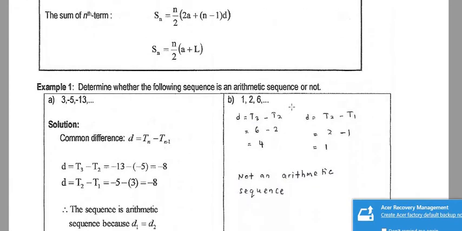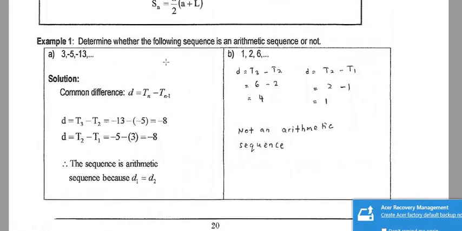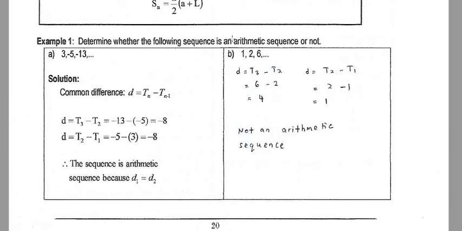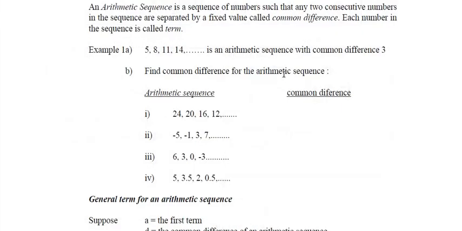Okay, let's look at the first example. Determine whether the following sequence is an arithmetic sequence or not. So, we discussed before to determine whether that sequence is arithmetic or not. Arithmetic sequence must have common difference.